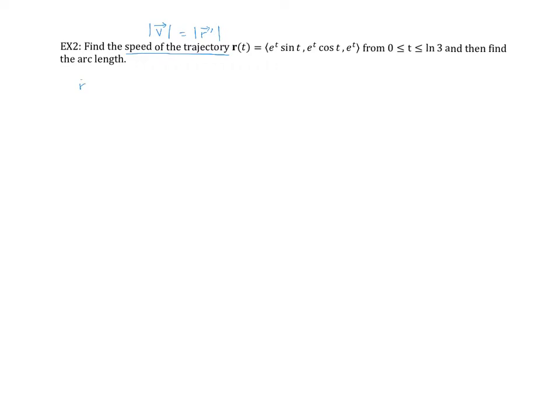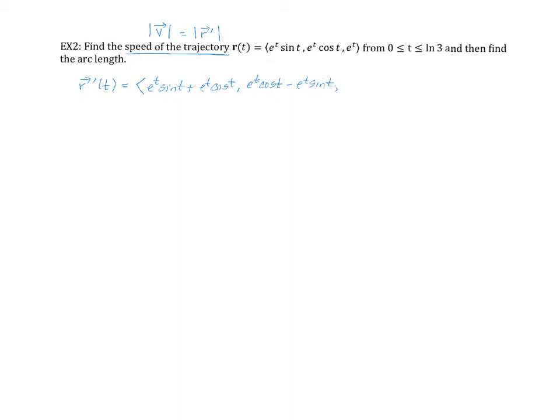For the first part of this question, I'm going to compute the derivative, r prime, and then the derivative of e to the t times sine of t. Remember, I'm going to have to use the product rule. So that'll be e to the t sine t plus e to the t cosine t. The second component is e to the t cosine t minus e to the t sine t.